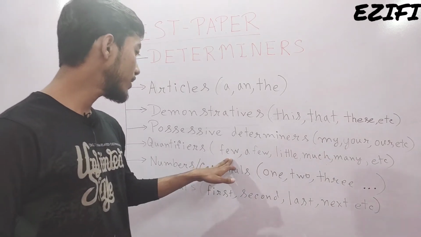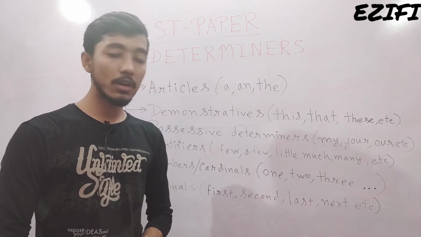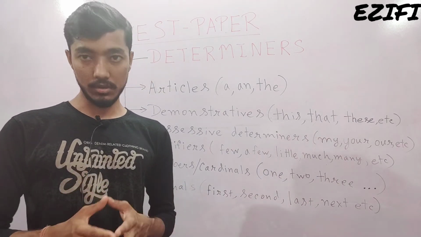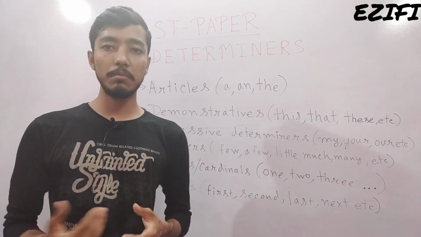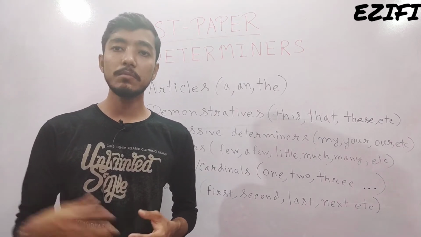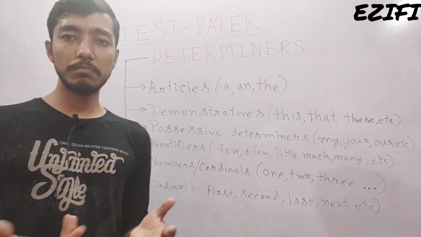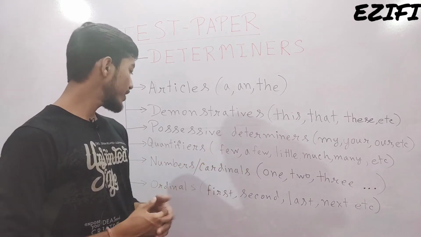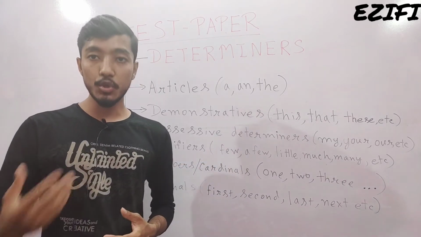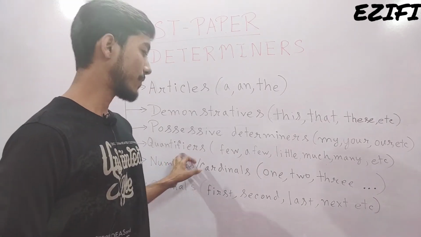Like the words few, a few, little, much, many. These show an amount of something, that may be people, that may be a non-living thing, that may be anything. So the words which show an amount of something are known as quantifiers.